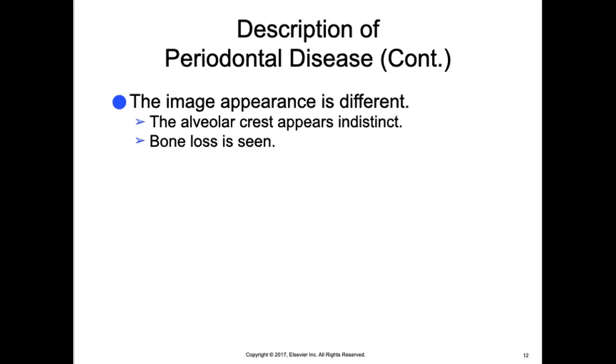The alveolar crest will appear indistinct, so we won't be able to actually see where it ends, or it'll look very odd. If you see an indistinct alveolar crest, that patient is considered to have some bone loss. And we'll go over some examples of those in a minute.